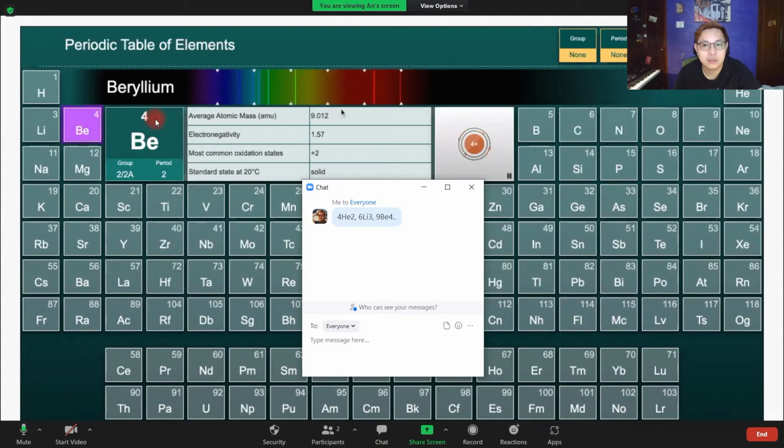Boron is like 11 5. Carbon is 12 6. Nitrogen is 14 7, which is exactly two times.